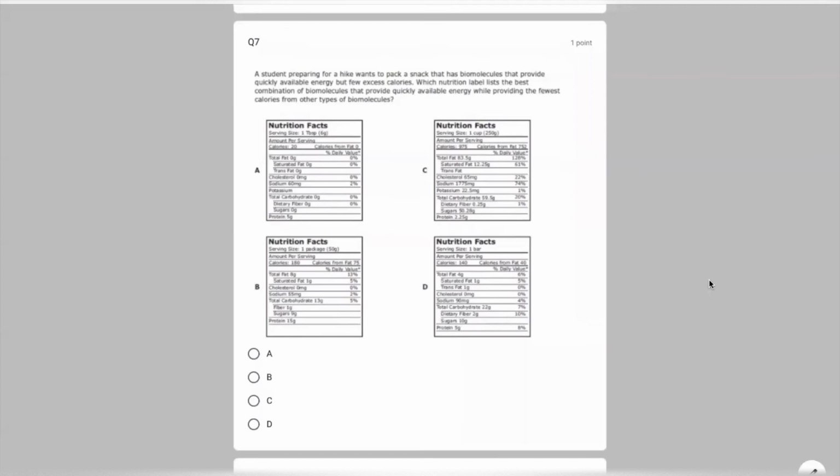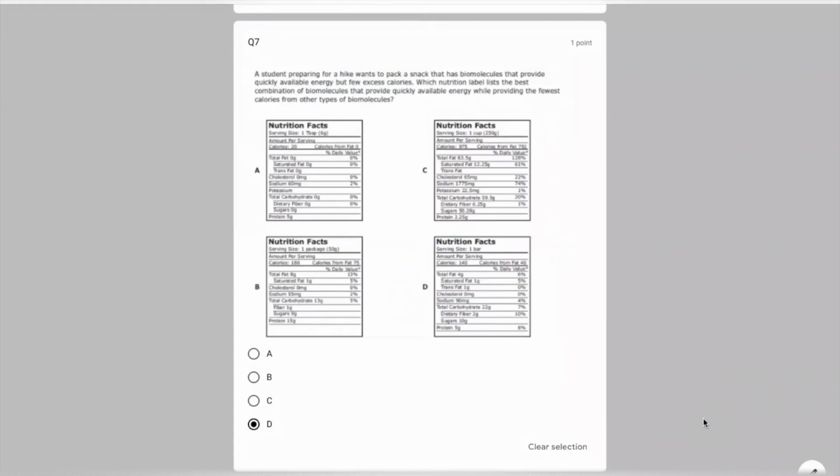And yeah, the carbs, there's a high amount, but it's still a lot of calories, and it says as few. And D is as few calories as possible, which is 140, and then there's 22 grams of carbs, and that's more than B has. So D is the correct answer.